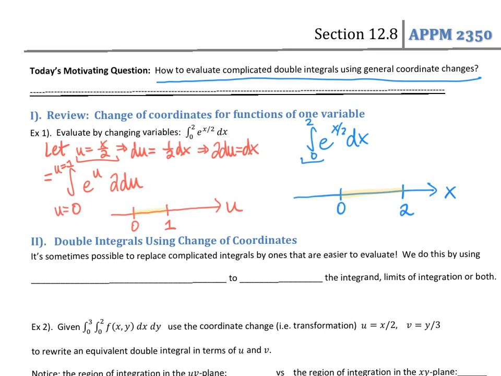Okay, so in order for these two integrals to be equivalent, in order for this integral to give me the same answer as when I switch it to u space, I need to take into account the fact that in going from the right to the left, the x to the u, I have shrunk my region of integration by a factor of 2.